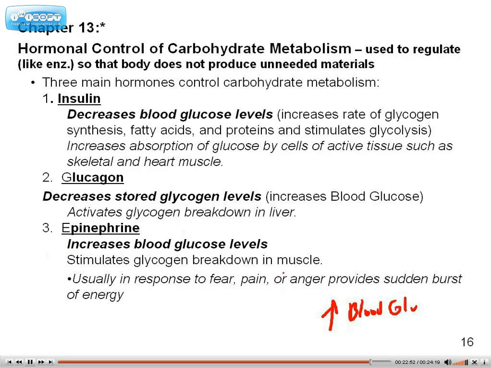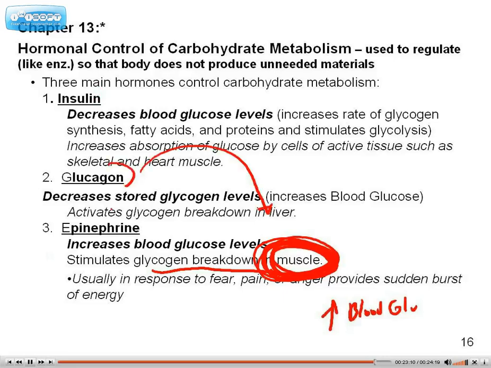Well, it stimulates the glycogen breakdown from the muscles. So, the other one was glucagon from the liver, but epinephrine stimulates blood glucose levels from the muscle. So, it decreases the glycogen, which is found in the muscle, to increase the blood glucose levels.